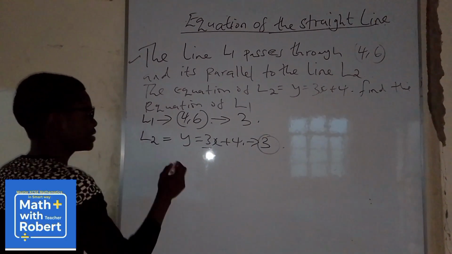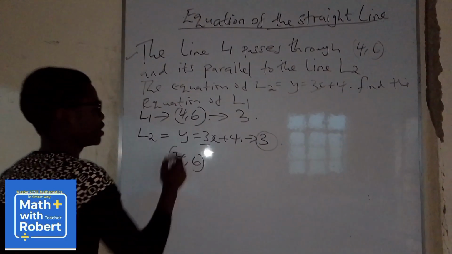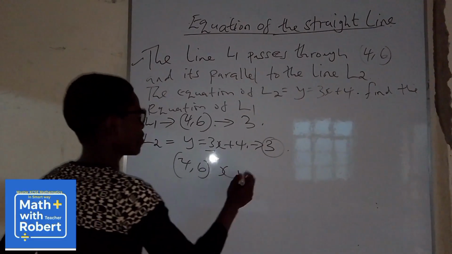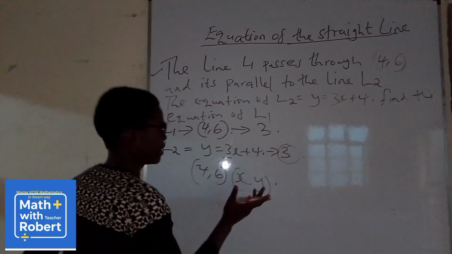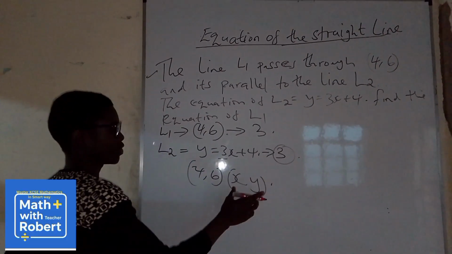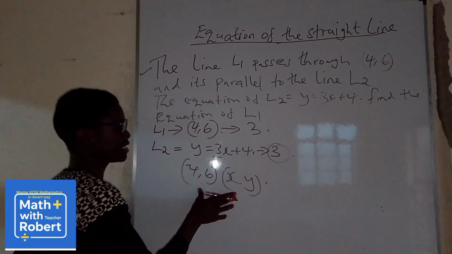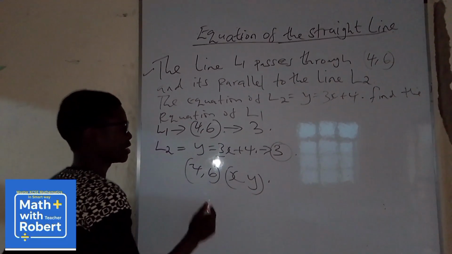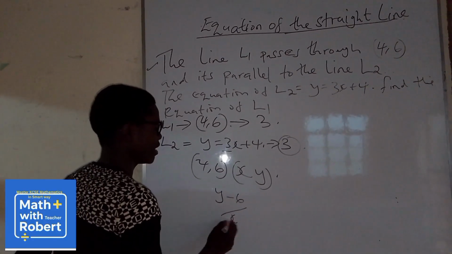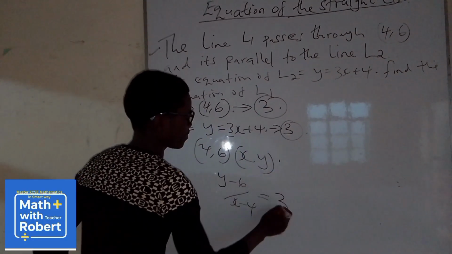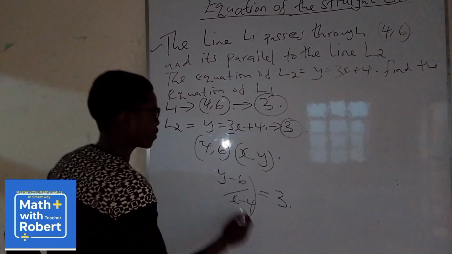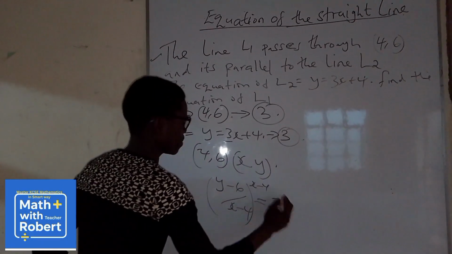So L1 passes through (4, 6). We introduce another point, that is (x, y). To get the gradient, it is change in y over change in x. That is (y minus 6) over (x minus 4) is equal to the gradient. And the gradient is 3. So we multiply both sides by x minus 4.